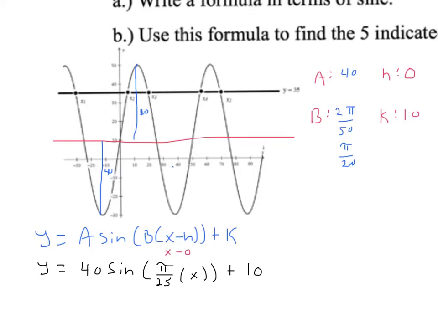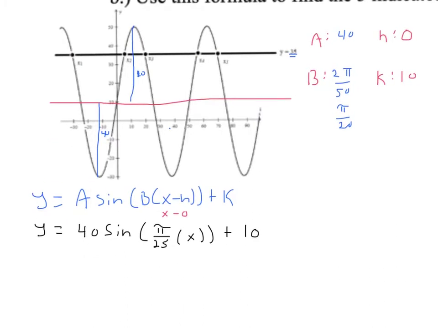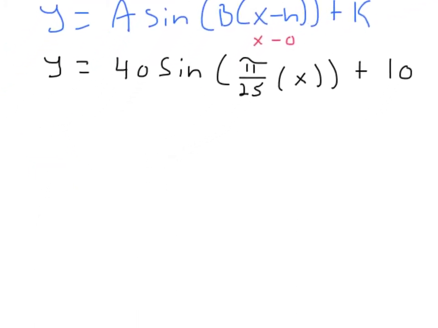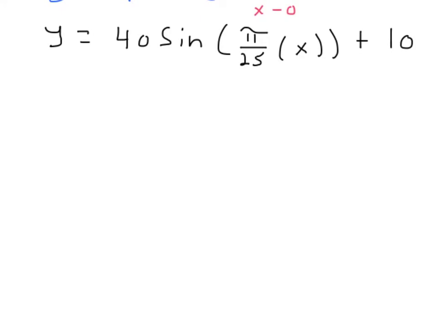And now the second half of this question was to find those indicated x values. Now we just got a function for y in terms of sine, and all of these points here have a y value of 35. So what we're going to want to do is take this equation that we just solved for and set it equal to 35.